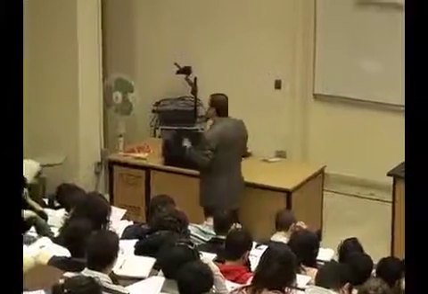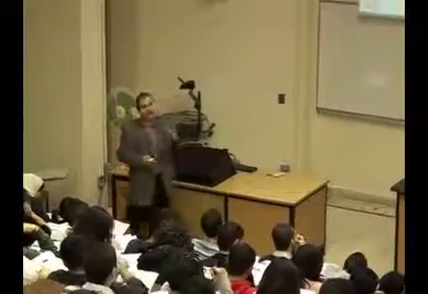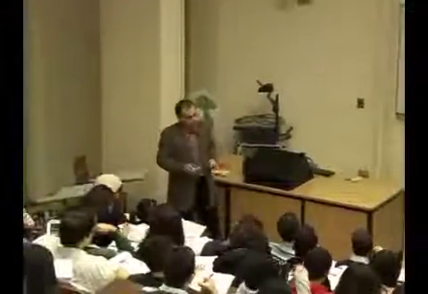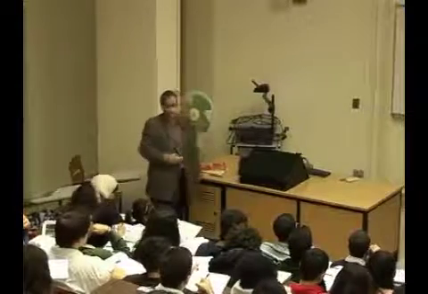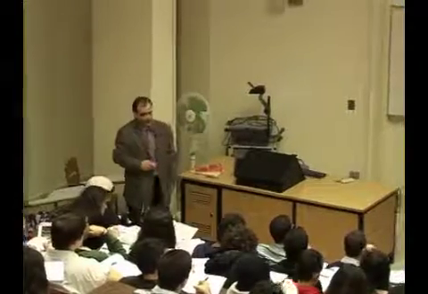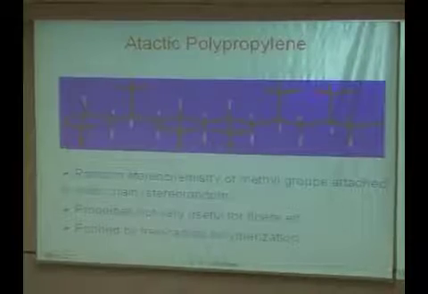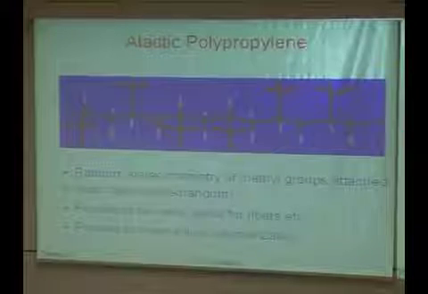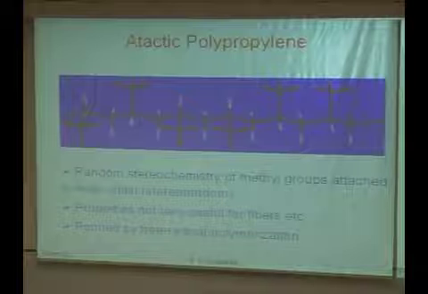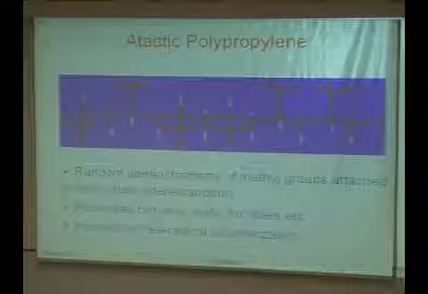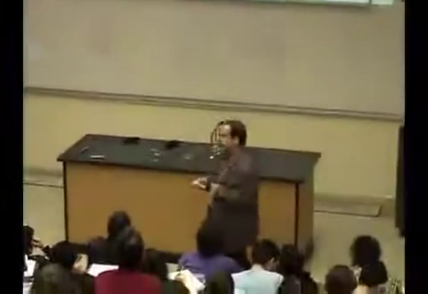Now, regarding the stereoregular polymers, you have 3 different types of polymers. You have the atactic, the isotactic, and the syndiotactic stereoregular polymers. If we are talking about polypropylene, which means the unit is propene, we will learn how to polymerize propene later in Chemistry 211.